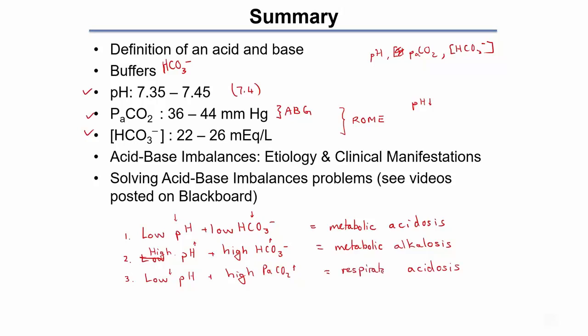respiratory acidosis. And lastly, we have high pH, that's gone up, plus low PaCO2, that's gone down. Why has it gone down? Because of hyperventilation, you've excreted more CO2. Now pH automatically goes up because of the Henderson-Hasselbalch equation.